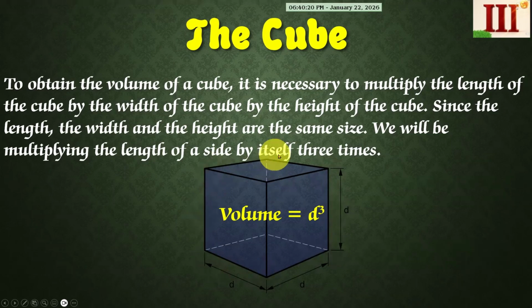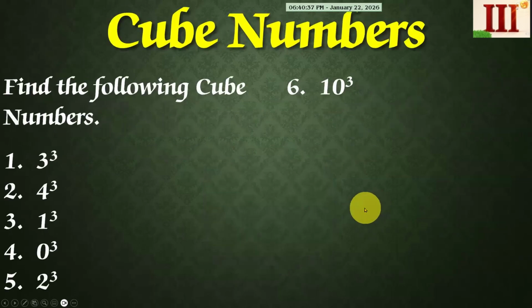And so most of you who play Monopoly will recognize this, or backgammon, and this is the shape. And the volume of it is to multiply the length by the length by the length, and that is just going to be to the power of 3. So cube numbers are obtained by saying I need to multiply by the power of 3.